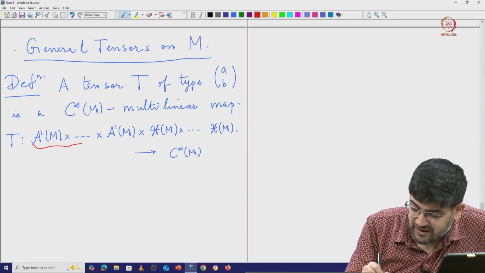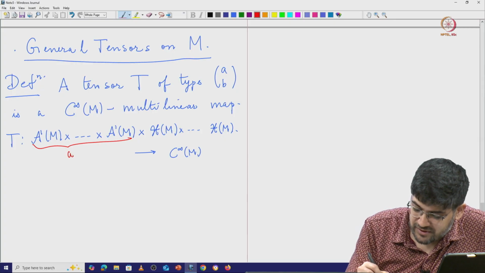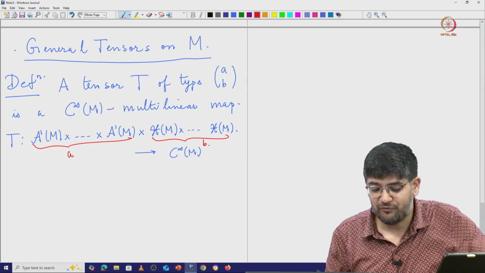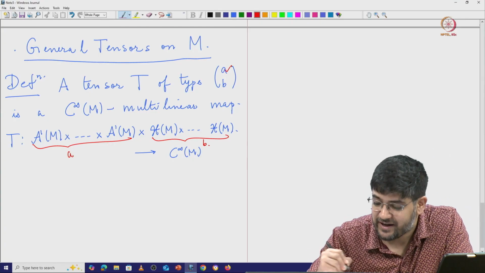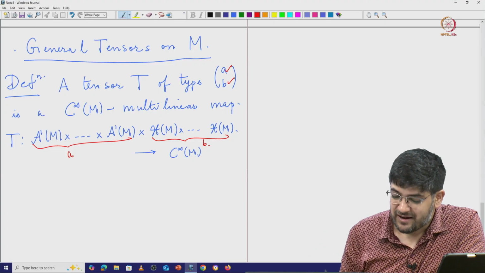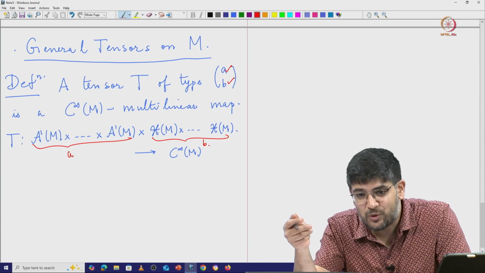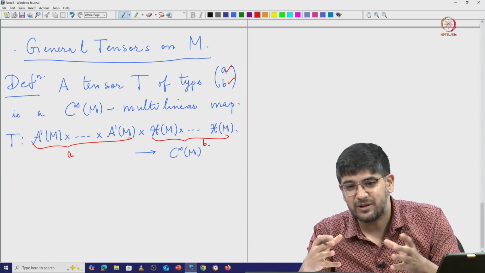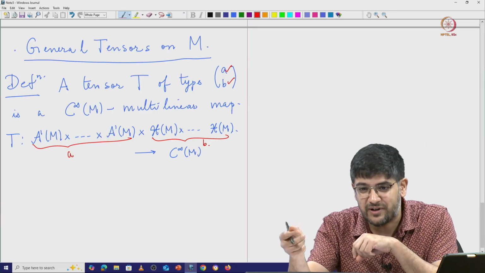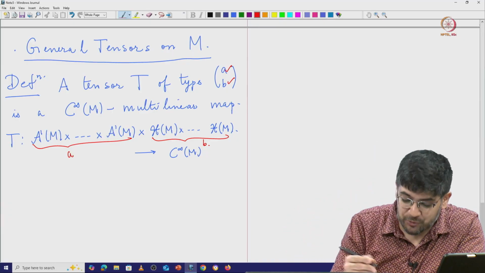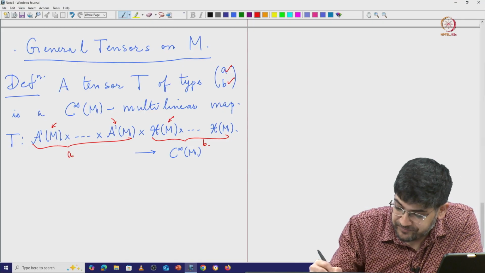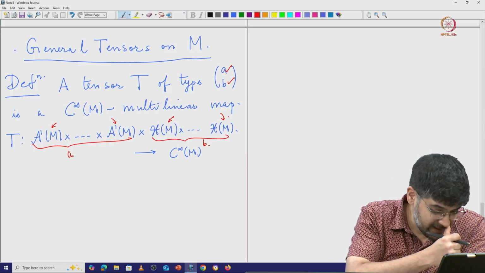Basically you take a number of one forms, that is this a, and you take b number of vector fields, then T will spit out a smooth function, and it's supposed to be multilinear in each of these entries.